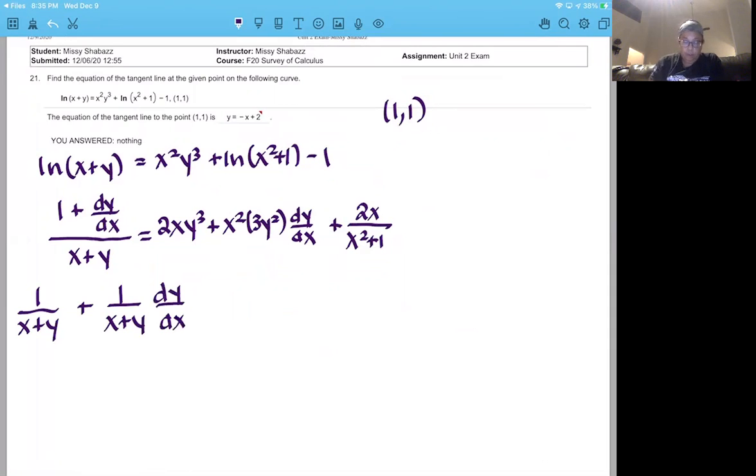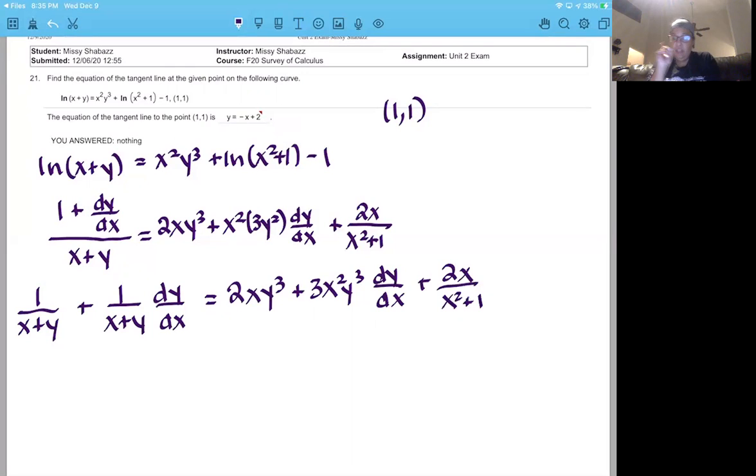All right, so equals 2x y cubed plus 3x squared y squared dy/dx plus 2x over x squared plus 1. Now, dy/dx evaluated at (1, 1) is the slope of my tangent line.